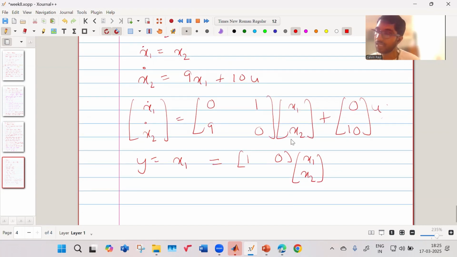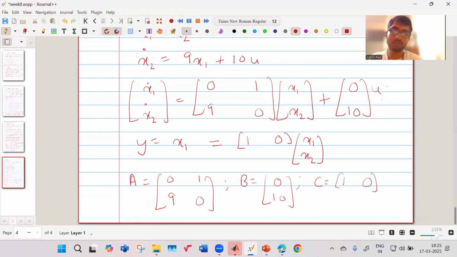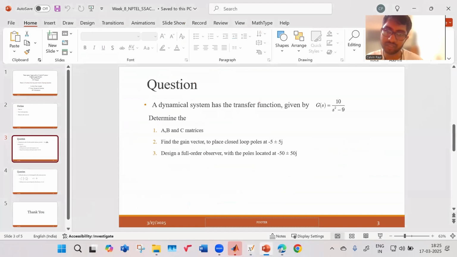So from this what do we have? We have our A matrix given by [0 1; 9 0], the B matrix is [0; 10] and the C matrix is [1 0]. So we have found out the first part of the question, the ABC matrices.